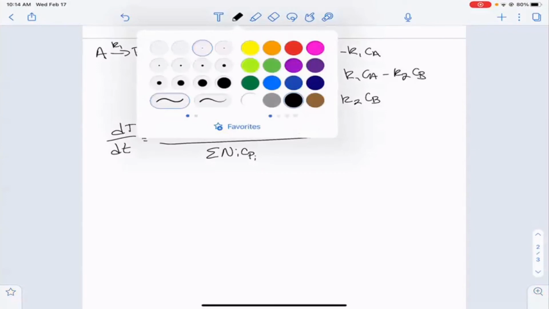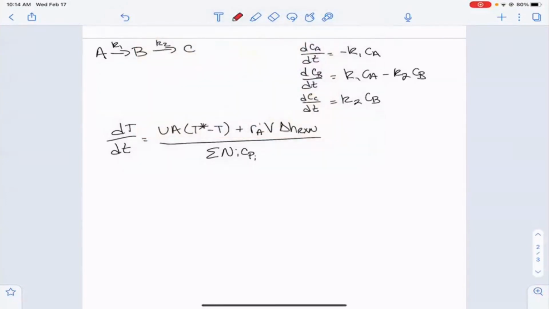One of the problems is in this term, in RA. If you remember, we derived this by making an assumption in the last lecture. We had a point in our derivation where we had Hi times dNi/dt, and we said that was equal to Hi times RA times the ratio of the stoichiometric coefficients.